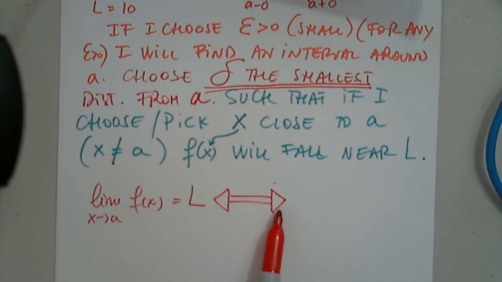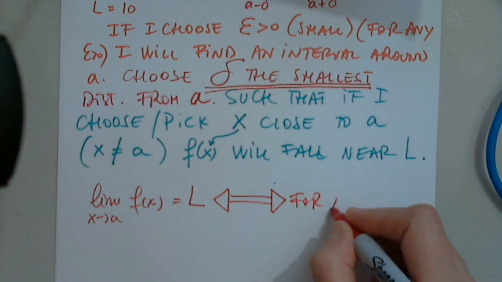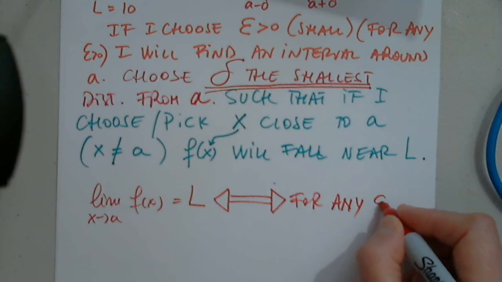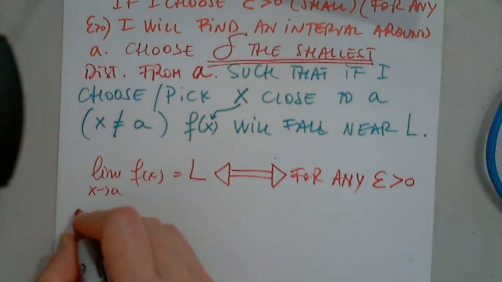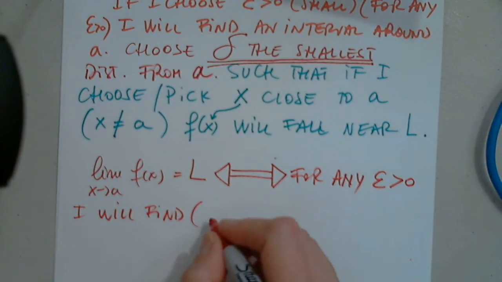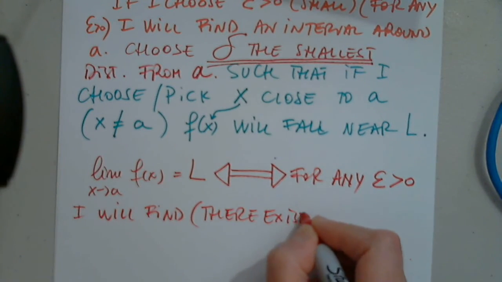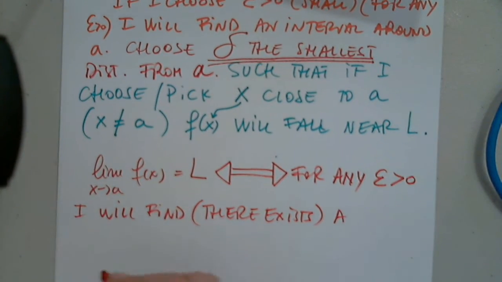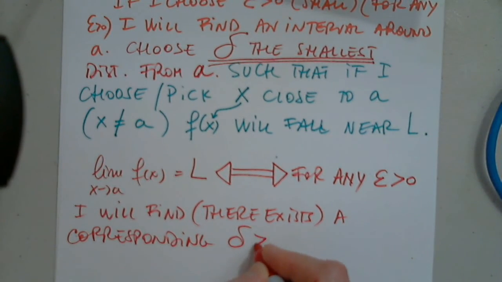This implies, for any epsilon positive, I will find, or there exists, better, a corresponding delta positive.